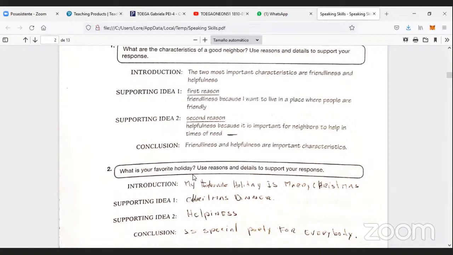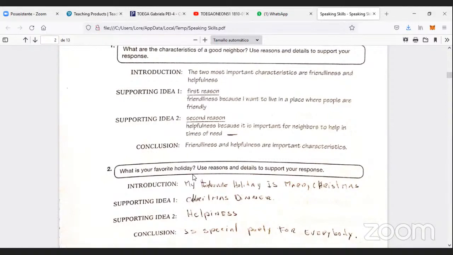It can be any, right? It doesn't have to be just one. Yes, whatever, for example Christmas, New Year's Eve, Carnival, maybe your birthday.